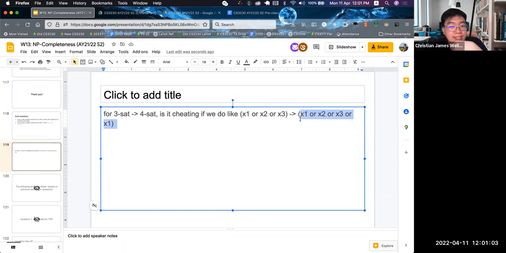In the context of how Prof. Varut introduces 3-SAT and 4-SAT, this is not cheating, because he doesn't necessarily need you to have distinct literals for the clause. So this is legal for what Prof. Varut introduces. In the previous semester, I was taught that the clause needs to be distinct. So I will say that this is not cheating for the purpose of whatever Prof. Varut has taught you.